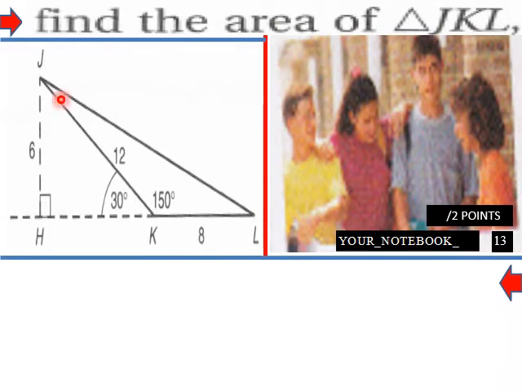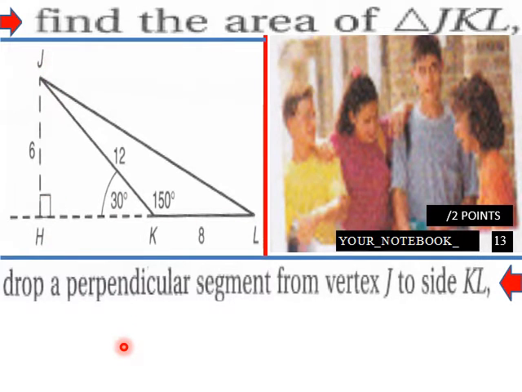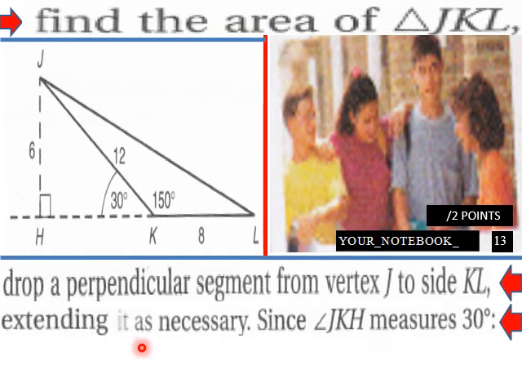Find the area of triangle JKL. So we can figure a height here. Drop a perpendicular segment from vertex J to side KL. Extending it is necessary since angle JKH measures 30.